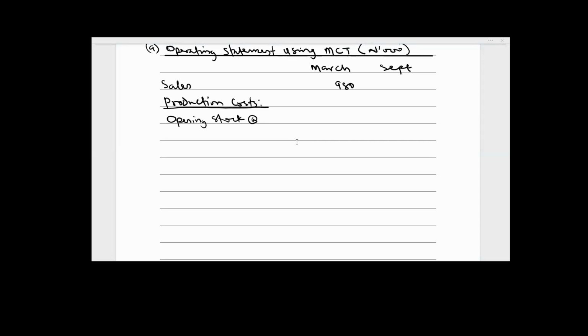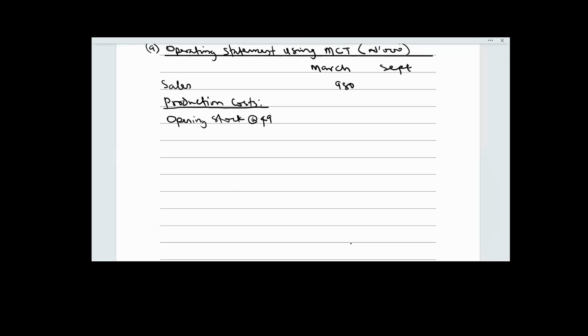We have direct labor at 18 naira, direct material at 28 naira, and variable production overhead at 3 naira. When you add up those three line items together, that gives us 49 naira. So the total variable cost per unit is 49 naira.